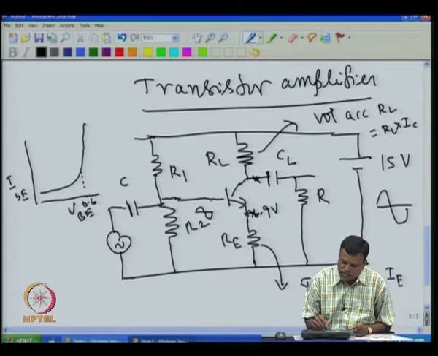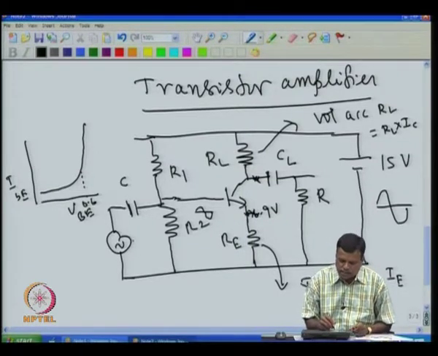But whatever change is happening here has to happen here as well, because this and this differ only by 0.6. If it is at 7 volt, then this comes to 6.4. If it is 8, then this comes to 7.4. So, leaving that initial difference of 0.6, at any time whatever change happens here, happens here. That means if I give an AC signal here, the same AC signal will appear across this resistance.